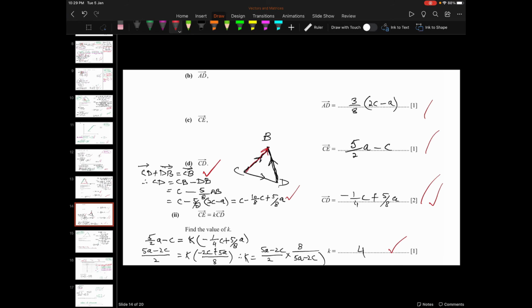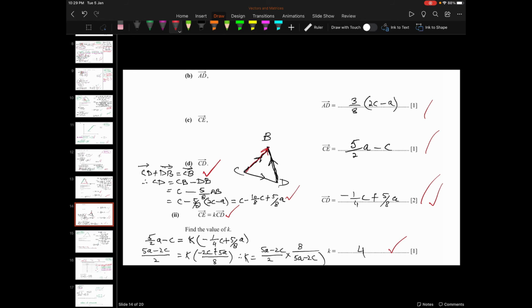Now in second part of D, CE is equal to K into CD. We should put the value of CE vector and CD vector. Hence we have 5 upon 2A minus C is equal to K into negative 1 upon 4C plus 5 upon 8A.